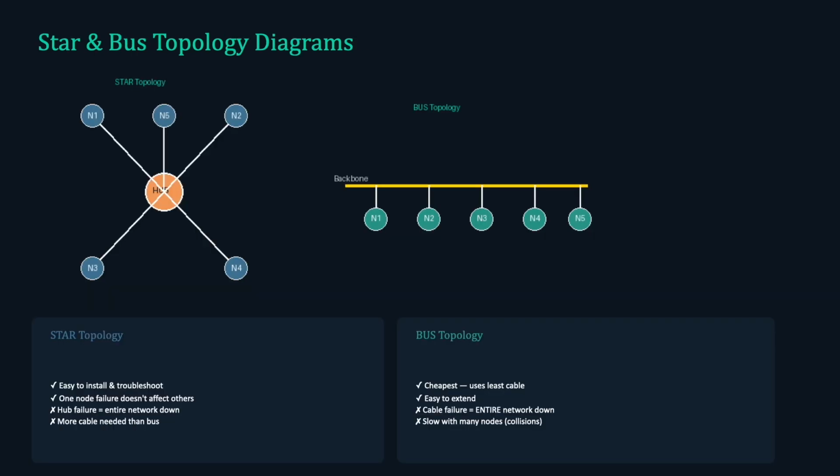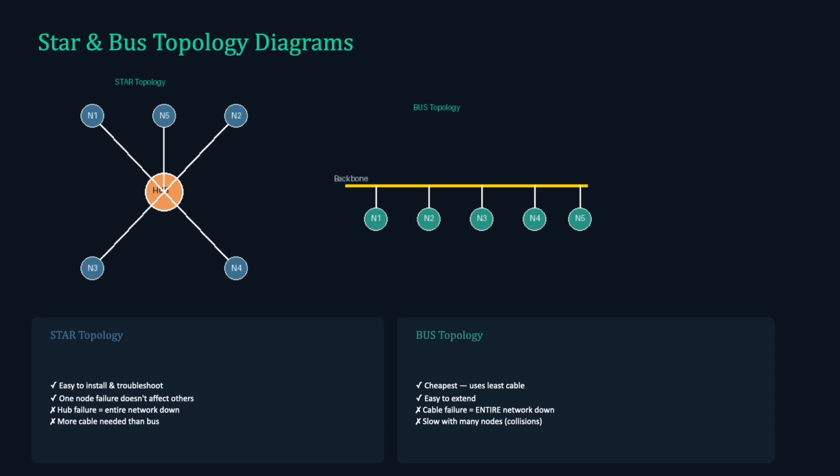Here are the actual diagrams you should draw in your exam. Star topology: a central hub with all nodes connecting directly to it, like spokes on a wheel. Advantage: easy to install, one node failure does not affect others. Disadvantage: if the hub fails, the entire network goes down.